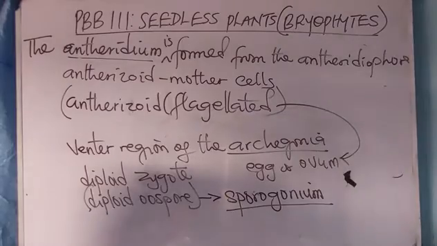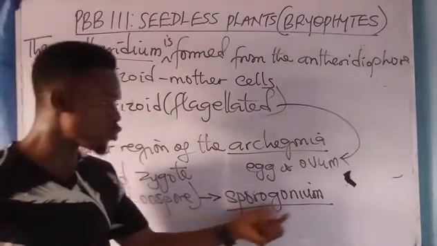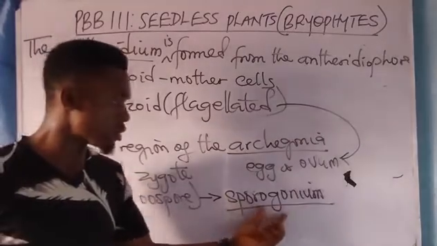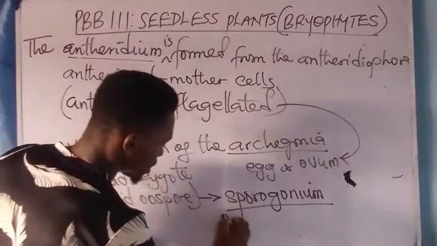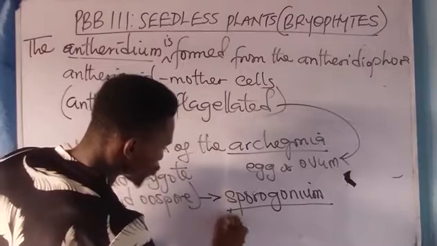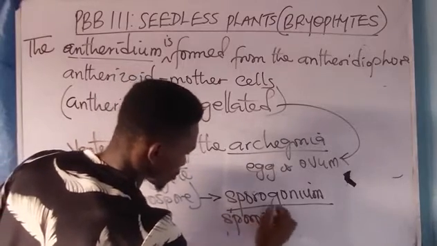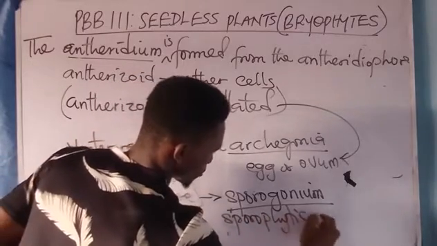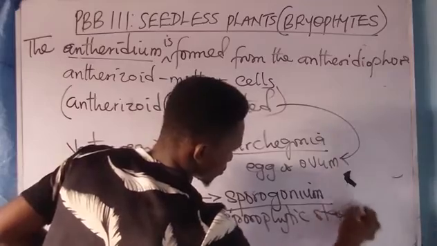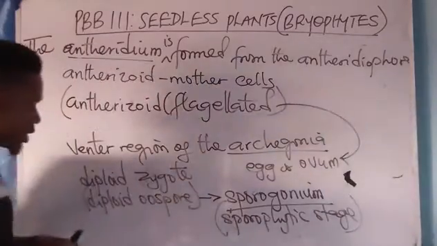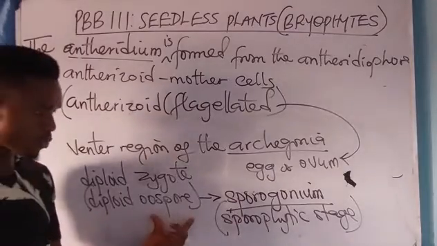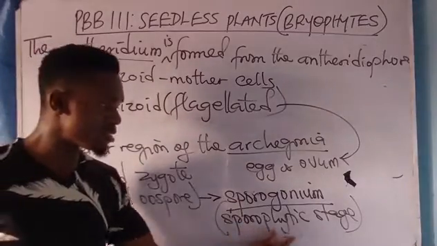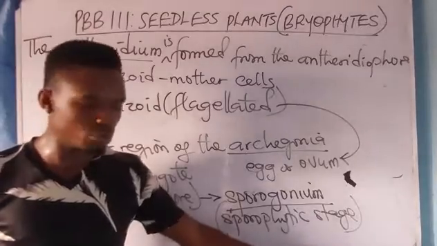It is this sporogonium that is called what? The sporophytic stage of the plant. Take note of that.